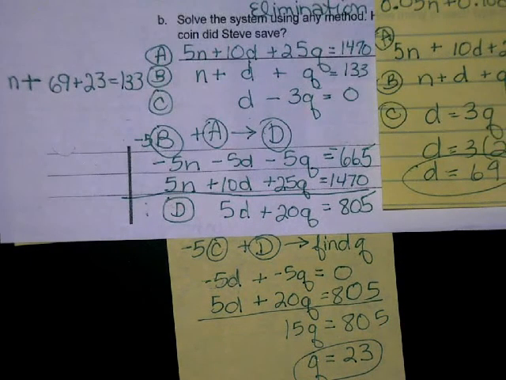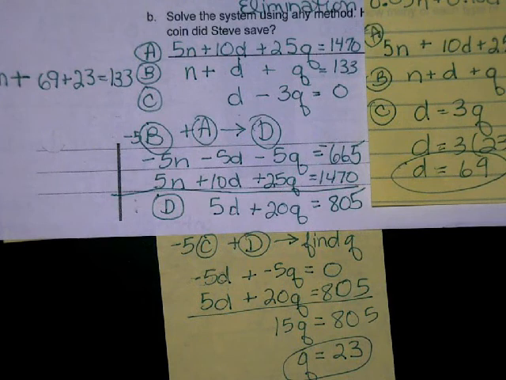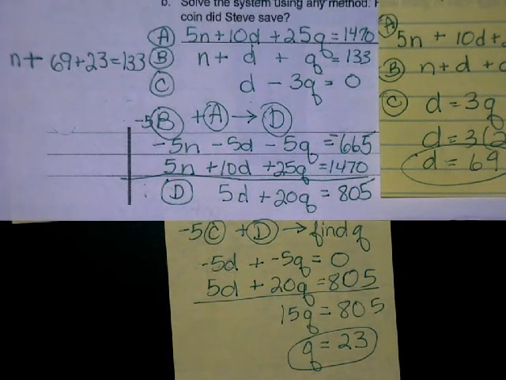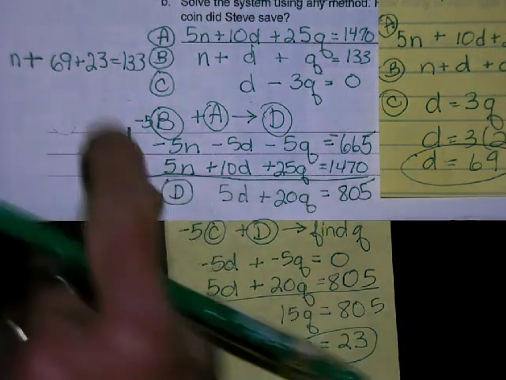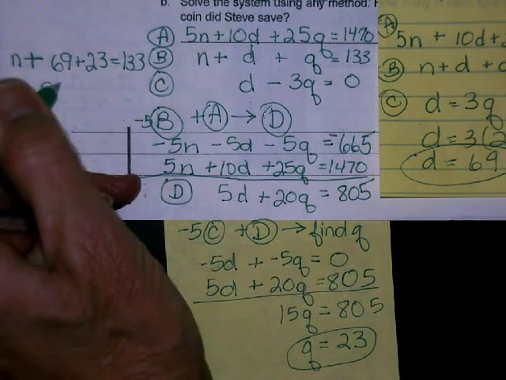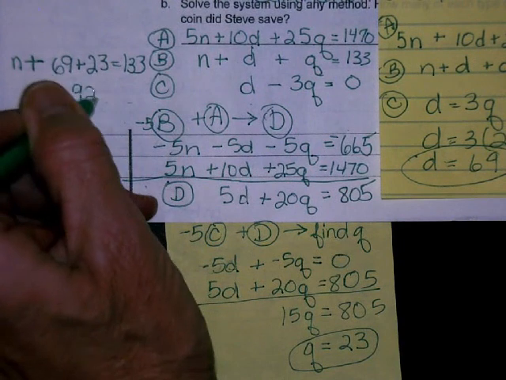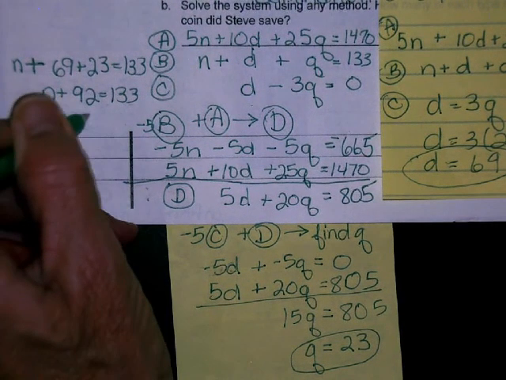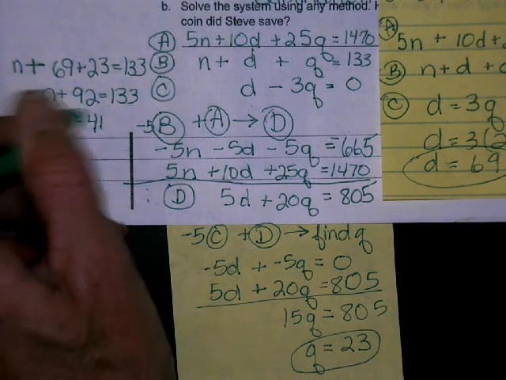We're almost done. See, once you find one, the rest go quickly. If you got your stuff organized, all written down, find where you've been, know where you're going. That's n plus 92 is 133. So n equals 41.